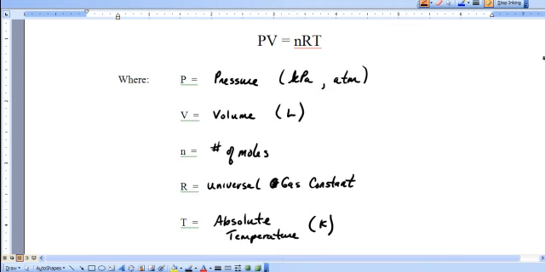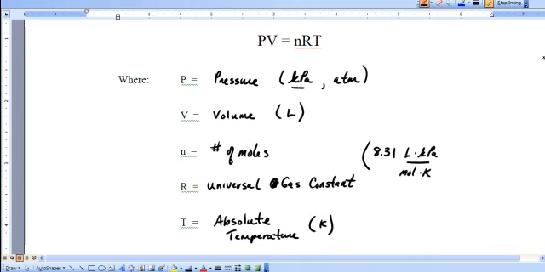And so if you look at these units, when we use a universal gas constant, we're going to be using one of two values. You either have to use 8.31, which would have a unit of liter kilopascals per mole per Kelvin. You're going to be using this if you're using kilopascals as your pressure unit.